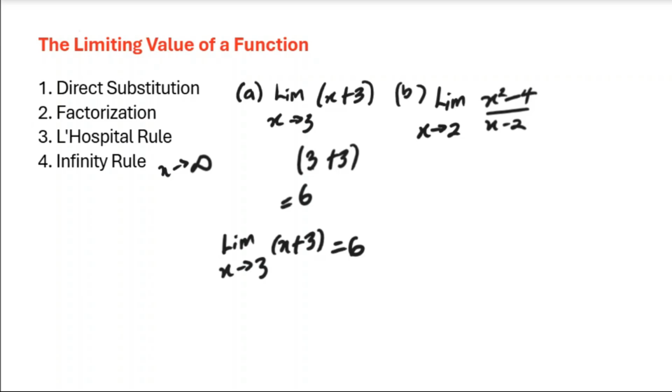Now in this question, if we use direct substitution, if x is equal to 2, that'll give us 2 raised to power 2 minus 4 divided by 2 minus 2. Now the denominator here is going to give us 0. And once you have 0 as your denominator, your solution automatically becomes undefined.